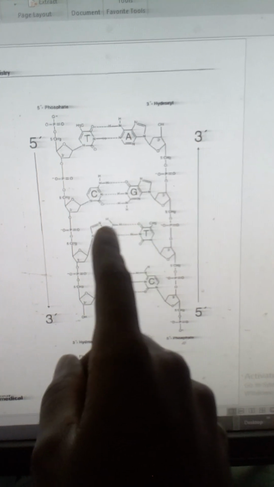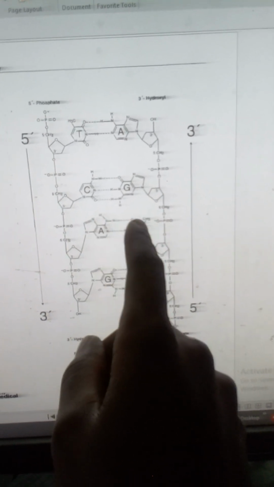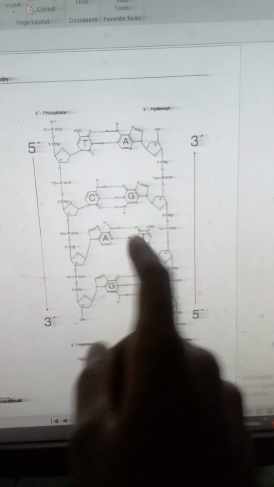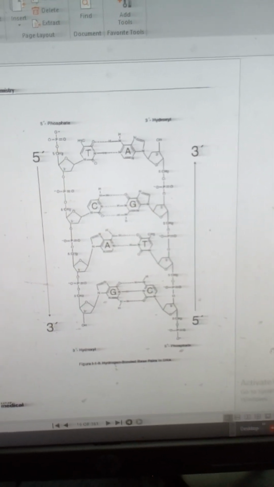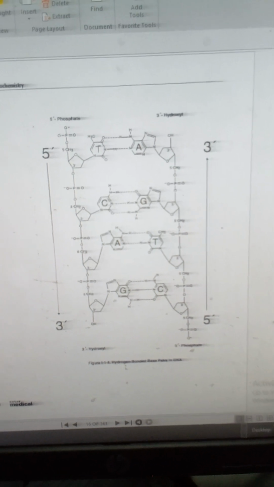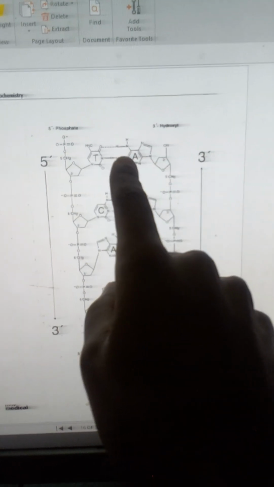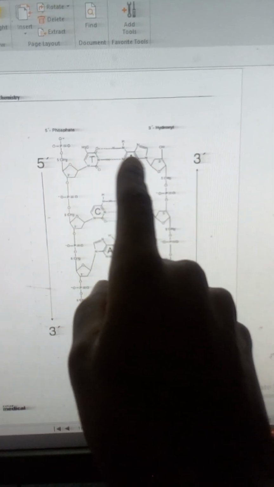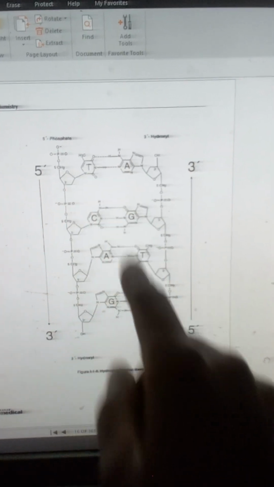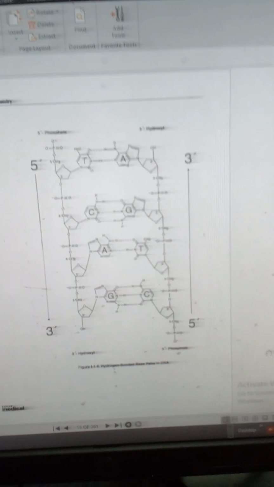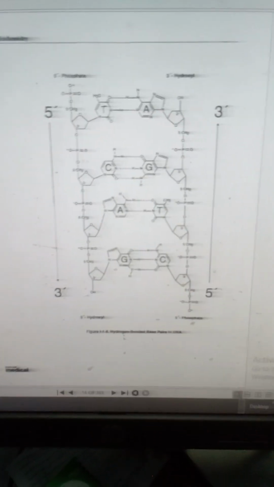When the two nitrogenous bases pair, they pair through two hydrogen bonds. You can also see here adenine is pairing with thymine. A is pairing with T. It is abbreviated as A and T respectively. Adenine will always pair with thymine. A will always pair with T.